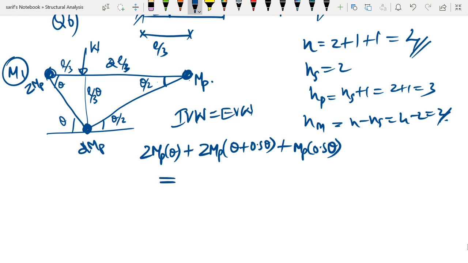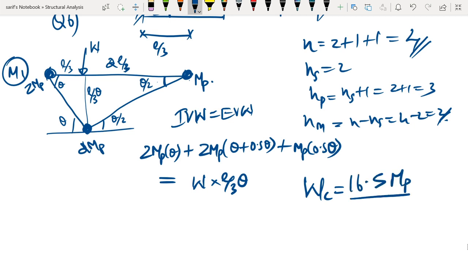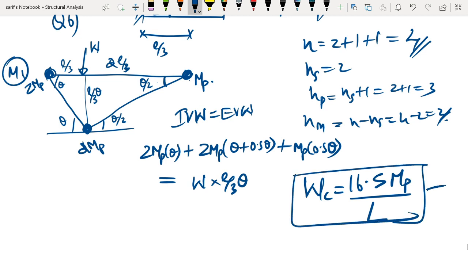This is equal to W into L by 3 theta. If we simplify this, we are going to get WC equal to 16.5 MP divided by L. So this is the collapse load as per mechanism number 1.